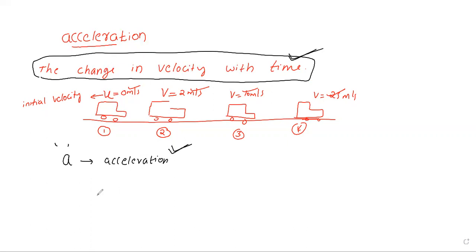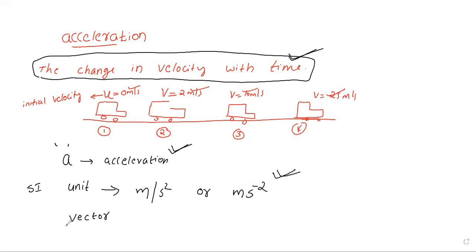Now, the unit of acceleration is meter per second square, or meter second raised to minus 2. So this is the third point. The SI unit or standard unit of acceleration is meter per second square or meter second raised to minus 2.